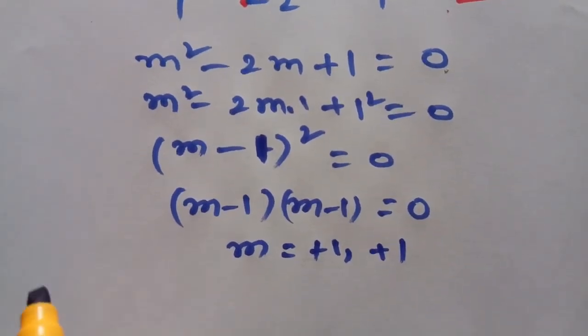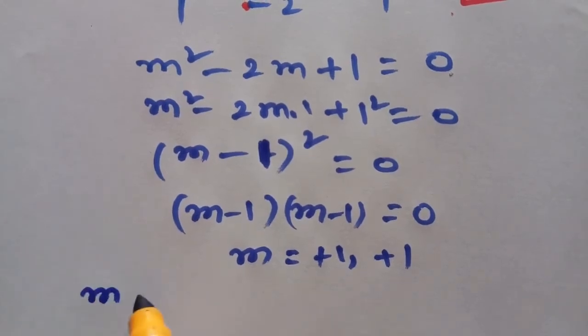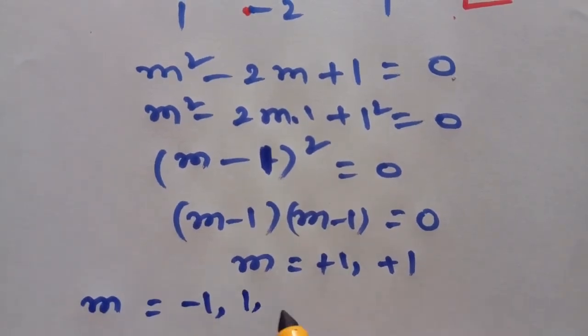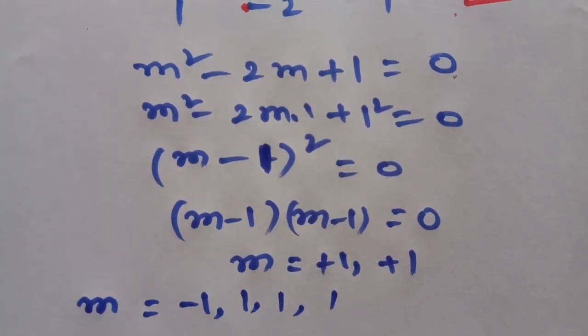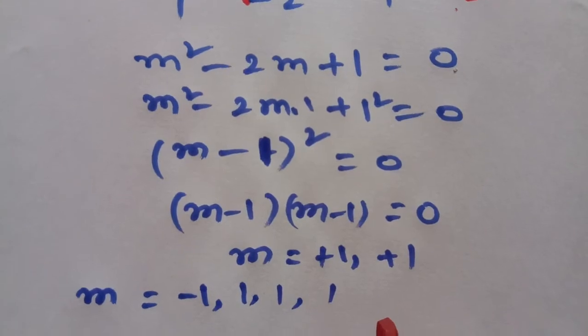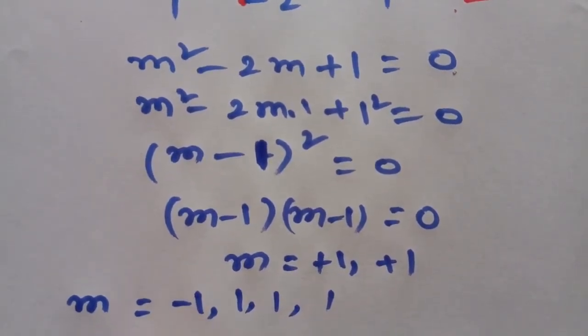Therefore, we already calculated previously two roots. Those are m is equal to minus 1, 1, 1, 1. Therefore, here the roots are real, three roots are equal, and the other root is different.